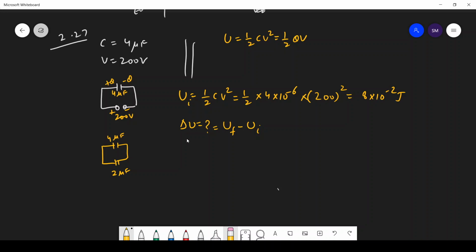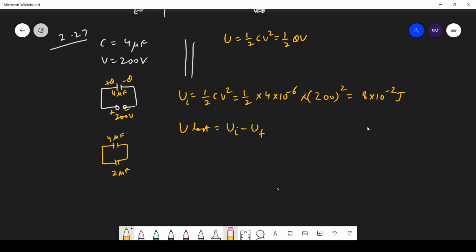electrostatic energy lost? Okay, so if you want to write lost, you already know that energy is lost. So you can directly write U lost. It means that energy is lost. The final will be lesser and initial is more. So you can directly write Ui minus Uf.